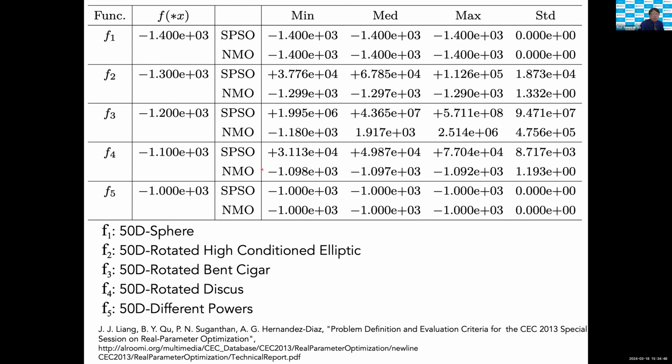This table shows the comparison result with standard PSO 2011. Each benchmark function is 50-dimensional. The nonlinear mapping optimization was able to improve the solution in almost all the benchmark functions.